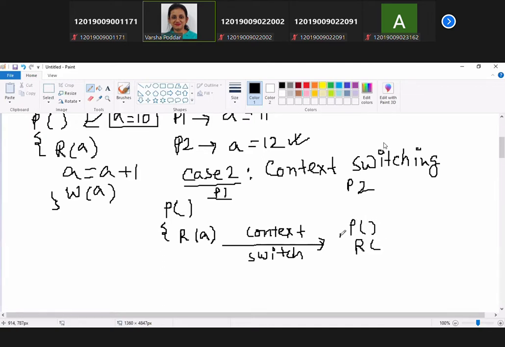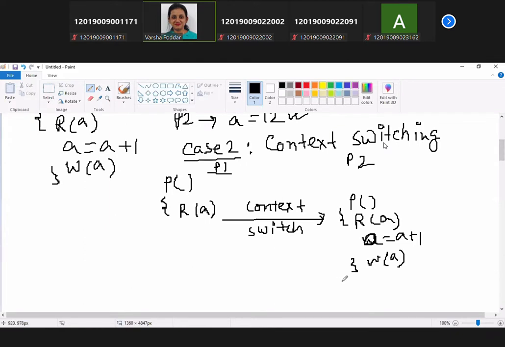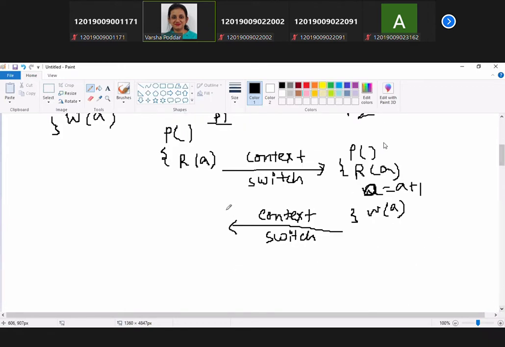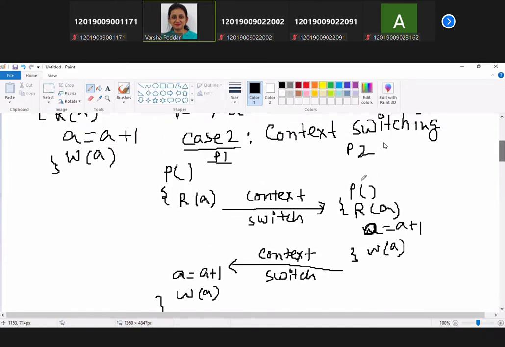P2 has the same code: A equals A plus 1, and then update the value of A. After this, again a context switch back, and then P1 executes the rest of the part, A equals A plus 1 and write of A. So this can be an example of context switching.